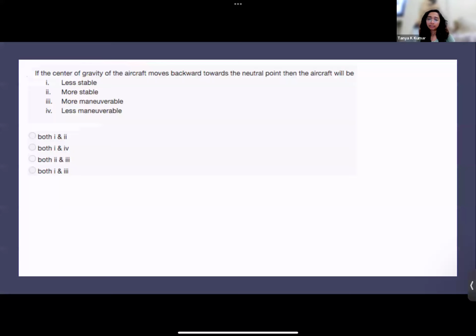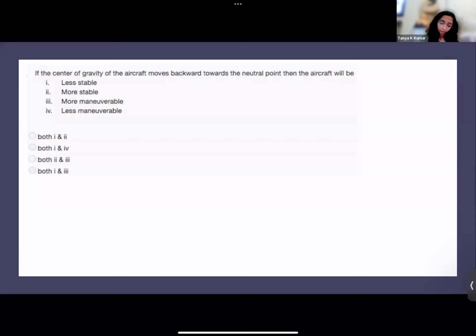So this was the question that I had left last time, because the neutral point was not discussed. So now let's look into it. If the CG, or the center of gravity of the aircraft, moves backward towards the neutral point, then the aircraft will be: 1, less stable; 2, more maneuverable; 3, less maneuverable.